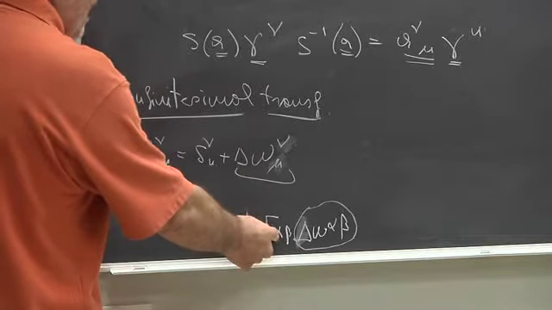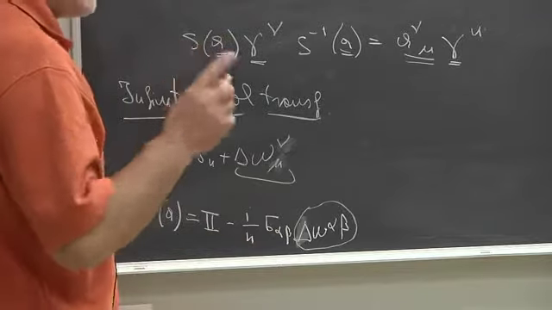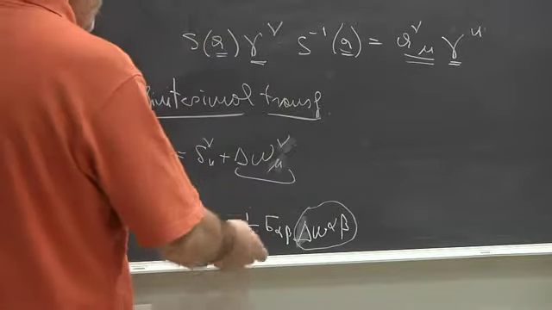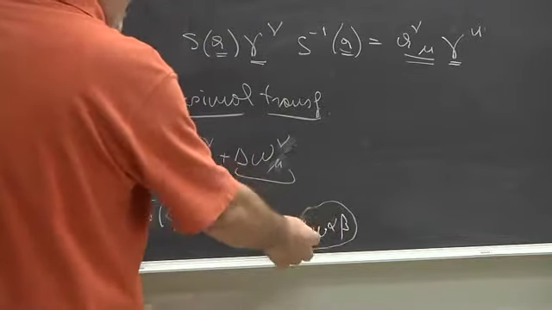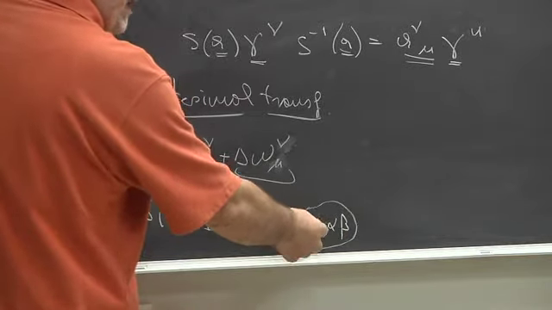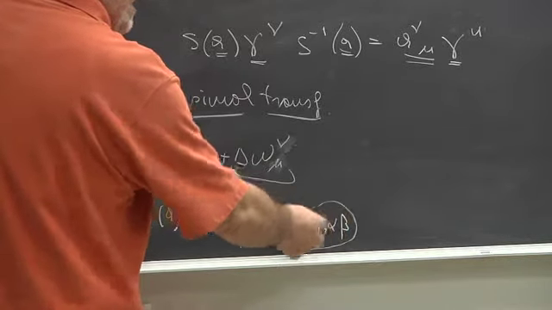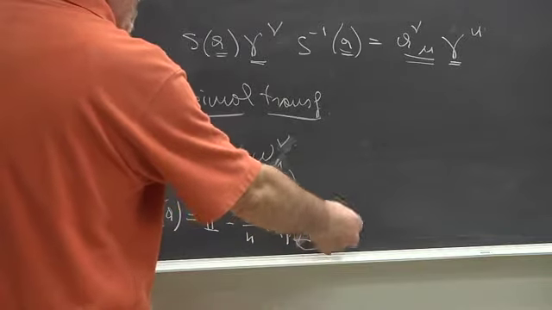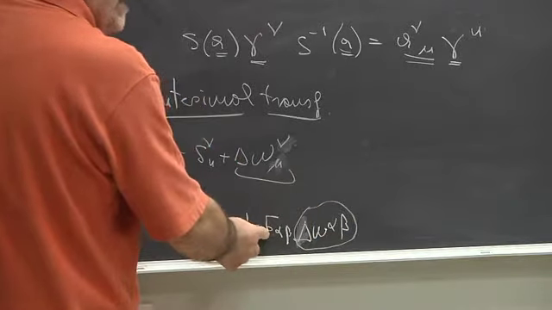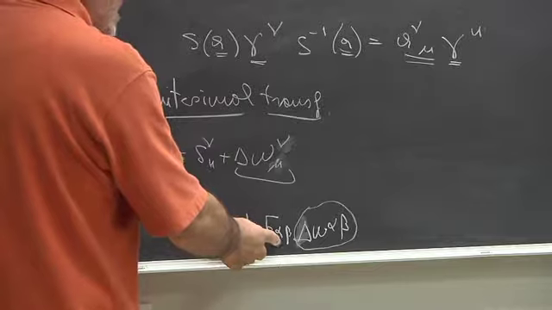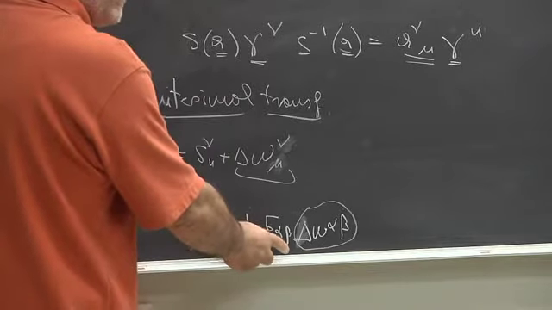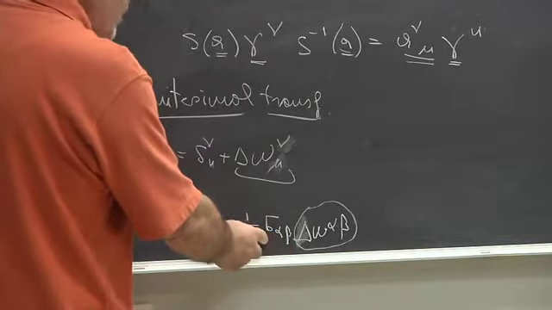Each matrix is labeled by these two indices, not the elements of the matrix, okay? So here this is a number, and how many numbers do I have? I have as many numbers as alpha and beta, so I can organize them as a matrix. Here instead I have many matrices, each of them labeled by alpha and beta. You understand?